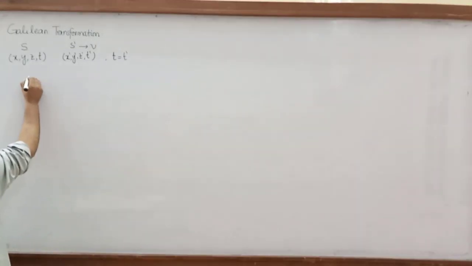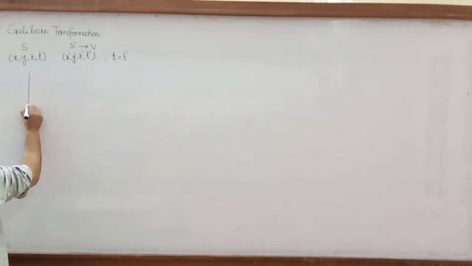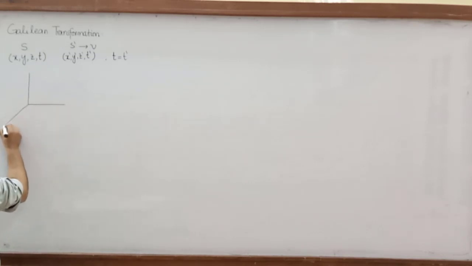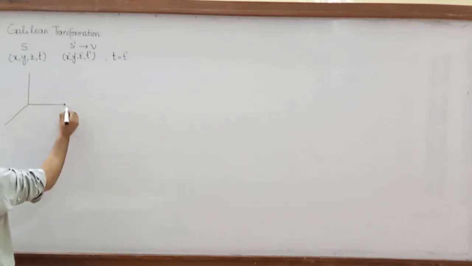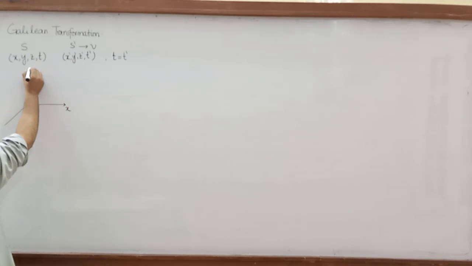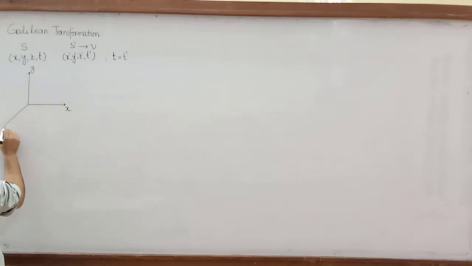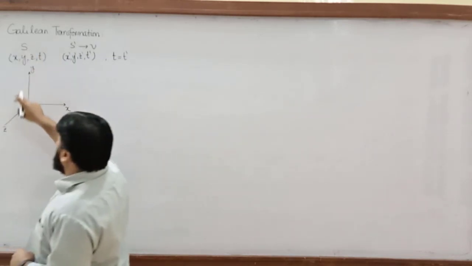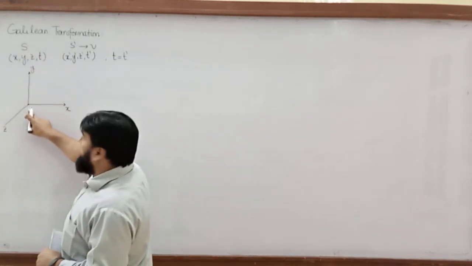Let's draw the coordinate system. It is the S coordinate system x, y, and z here, and it's a stationary frame S, a time t.